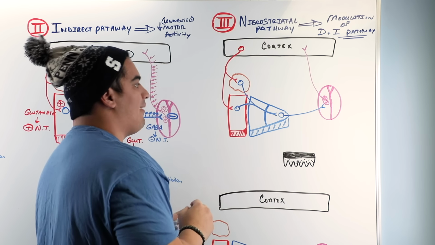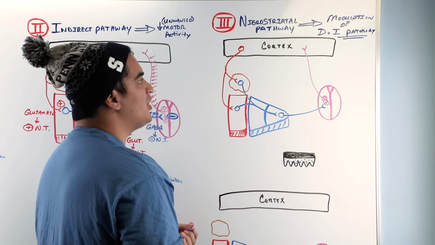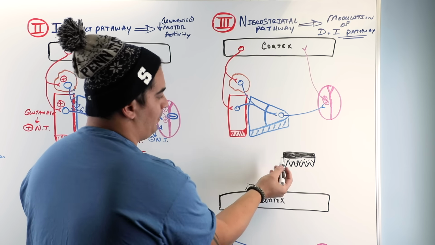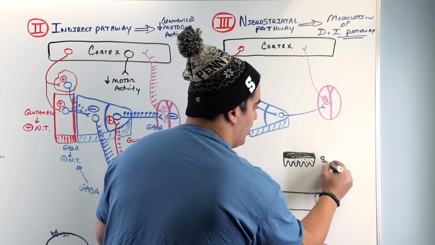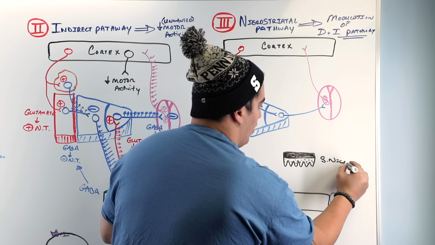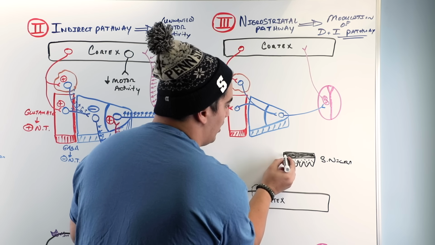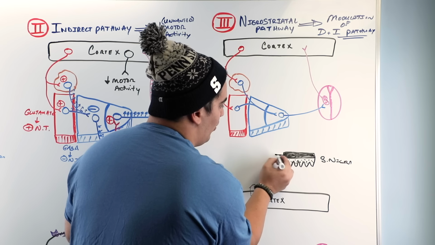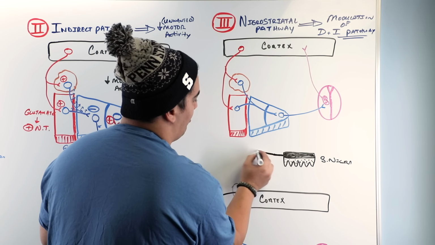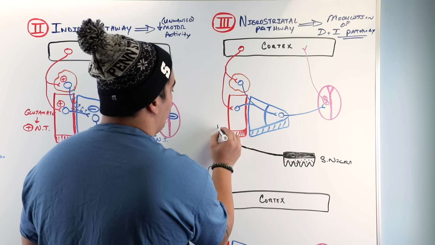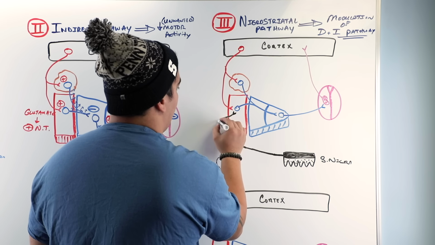So this is our basic scaffolding. Now, here's where we add in this extra pathway. Remember we had the substantia nigra? Well, from the zona compacta, you have neurons that ascend upwards and go to the striatum.